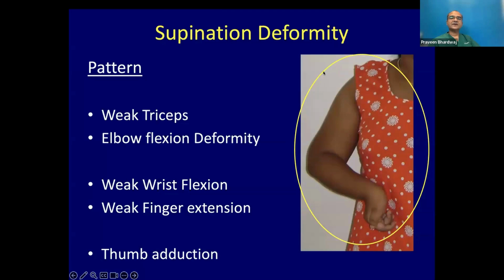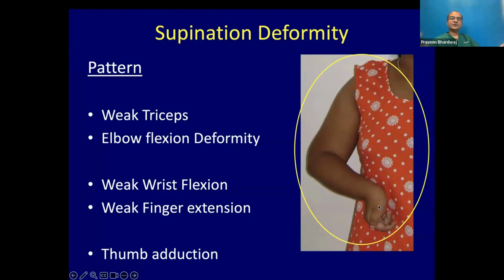First of all, whether there is any deformity at the shoulder, which can conceal the supination deformity, or elbow flexion deformity. All of them would have a pattern where the wrist flexors are weak, but the wrist extensors may be quite functional. Similarly, finger extensors would be weak, but finger flexors would be good.